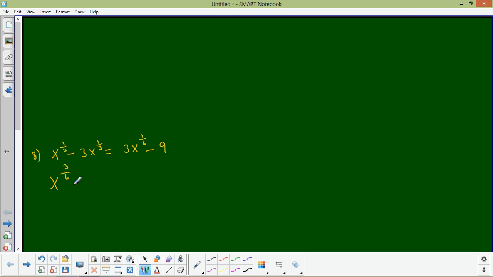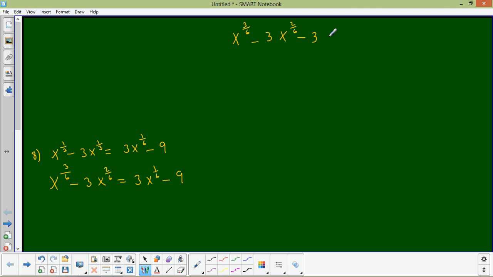So I have x to the 3/6 minus 3x to the 2/6 equals 3x to the 1/6 minus 9. As you do with powered equations so often, I'm going to get one side to 0. This certainly isn't the only way to do this question. I just think it makes it a little more clear what's happening.